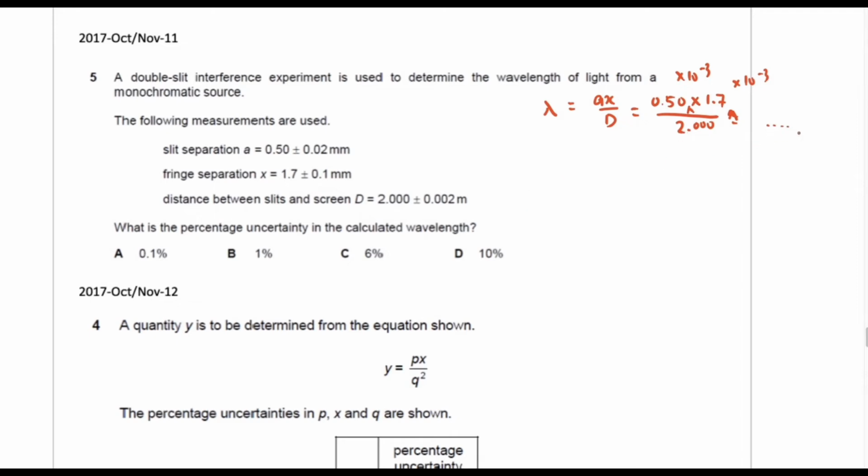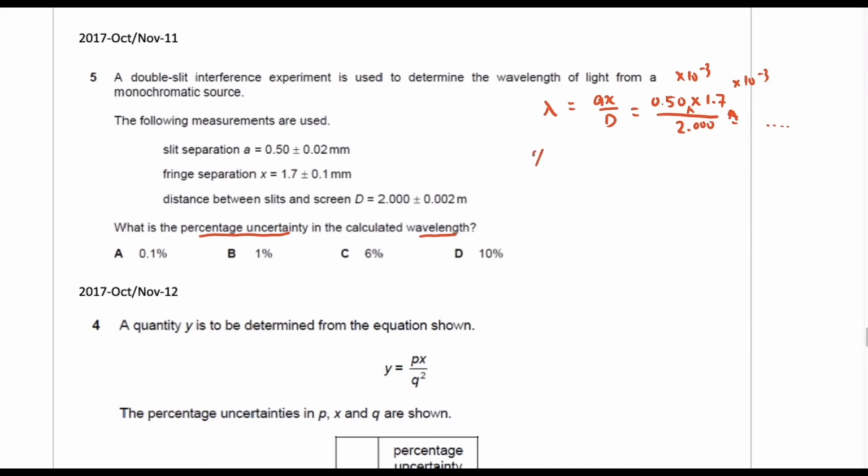Of course, I'm not going to count this, because I just want the percentage uncertainty of the wavelength. So we are not required to count everything to that extent. We just do the next steps straight away.